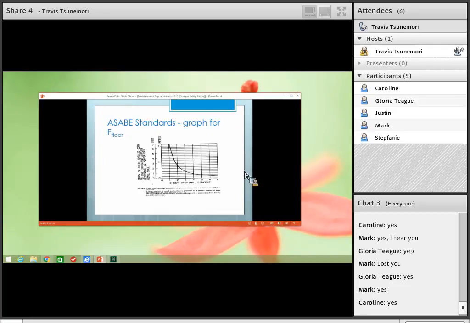Now the other way we can compute it is using this graph that's in the ASABE standards. It is a function of the sheet opening percent along the bottom, and then the y-axis tells us the depth of clean shelled grain, or it says clean shelled corn, to give the equivalent airflow resistance as perforated metal sheet.